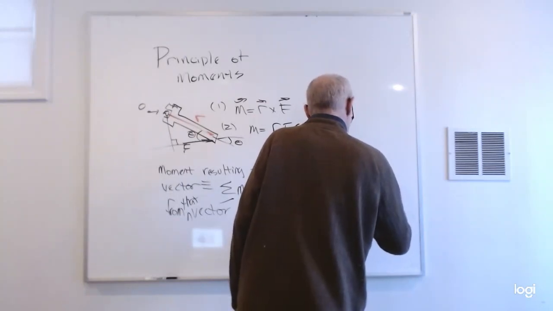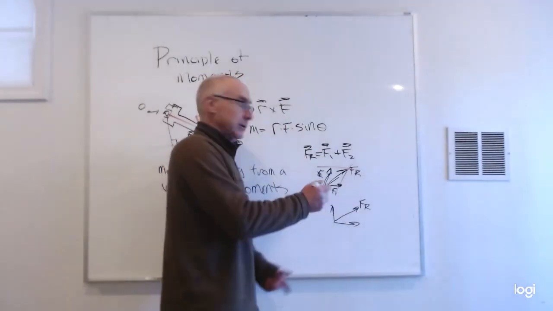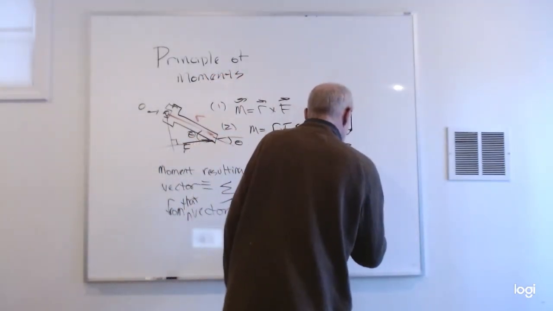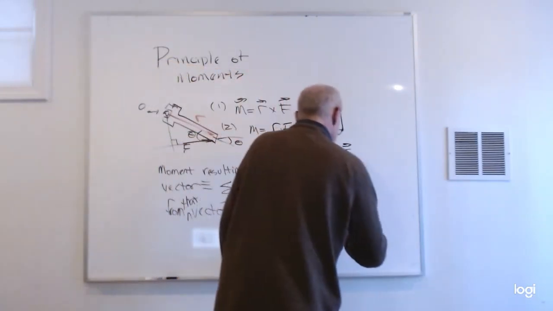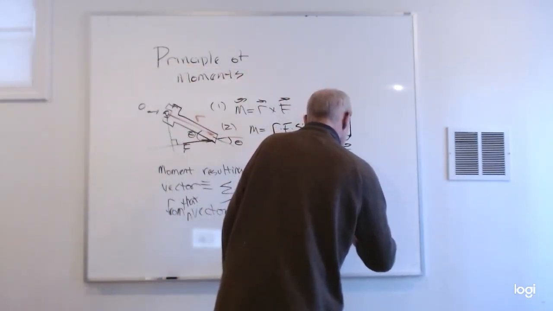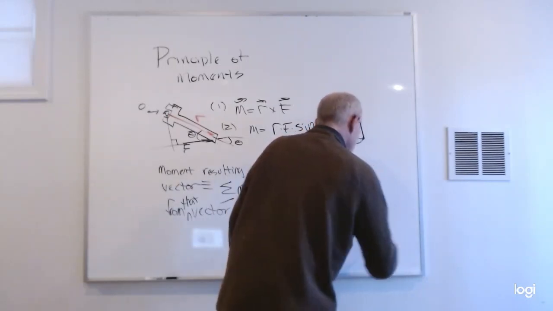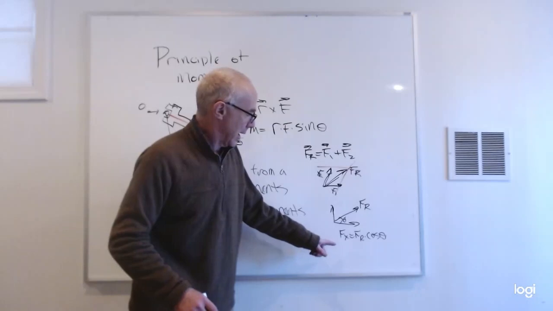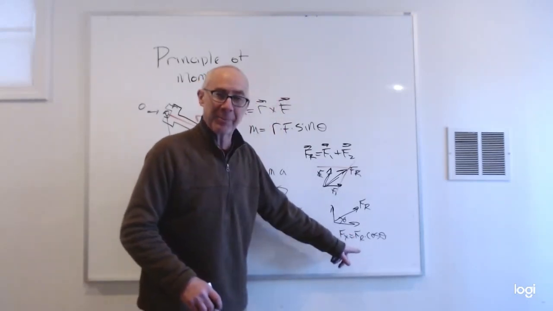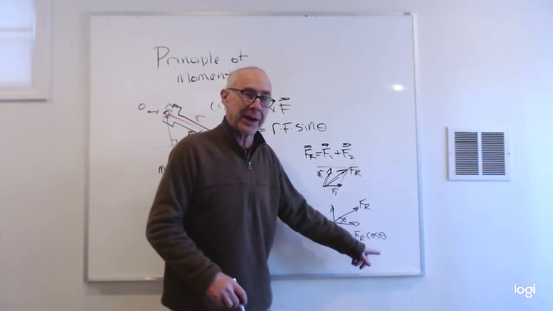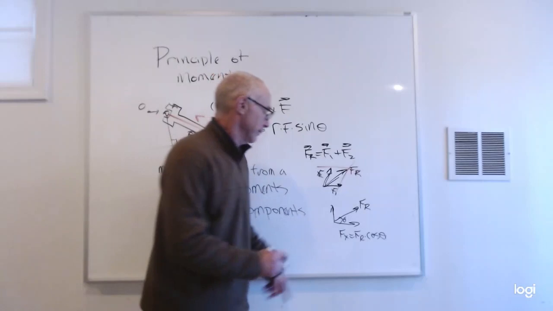This is my F_R value, and if we were in an XY plane, and this is theta, then Fx equals F_R times cos theta, because F_R is my hypotenuse. I multiply it by cos theta, which is adjacent over hypotenuse, and we get the adjacent value, Fx.